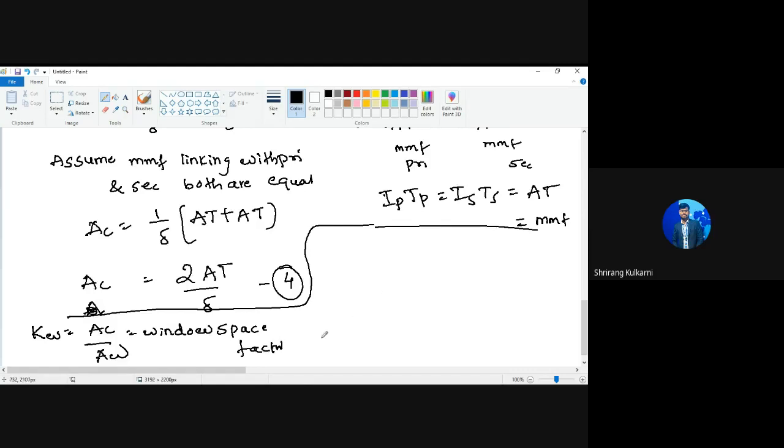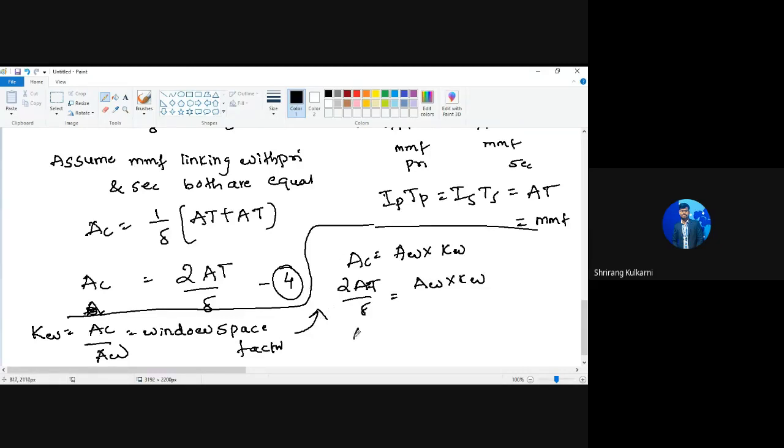So I will write here, AC will be equal to AW into KW. AC is equation number 4, 2 AT by delta, is equal to AW into KW.